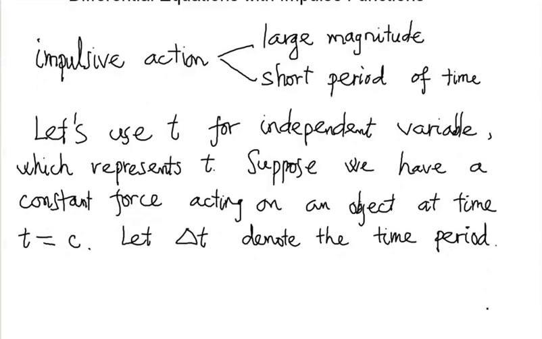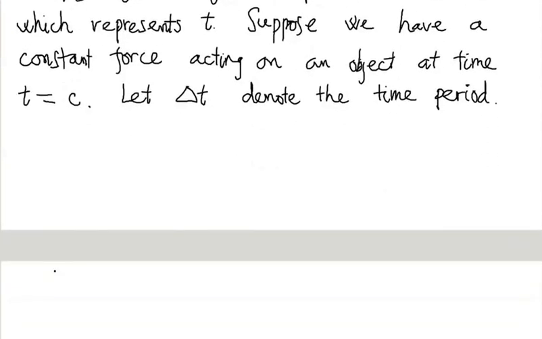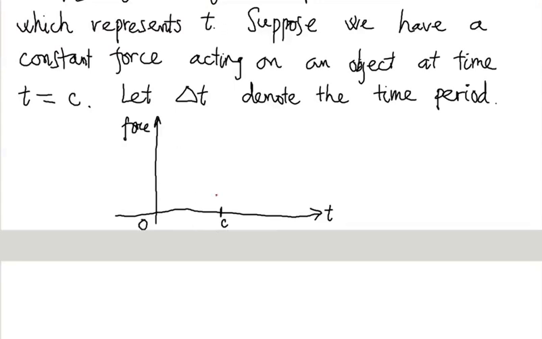So the action of the force may happen a little bit before the time t equal to c and a little bit after that. So if we sketch the graph of the force, it looks like this. This is the time t, and this is the force. Right here we have c. Assuming that the force acts a little bit before c and a little bit after c, the graph of the force looks something like this.